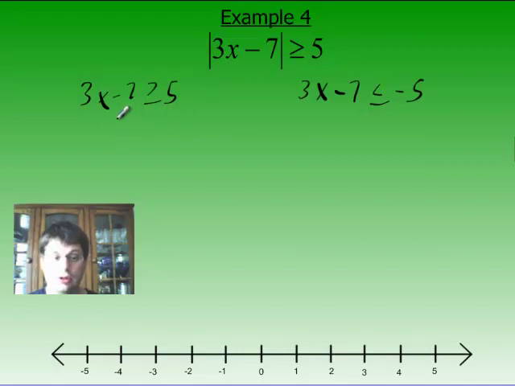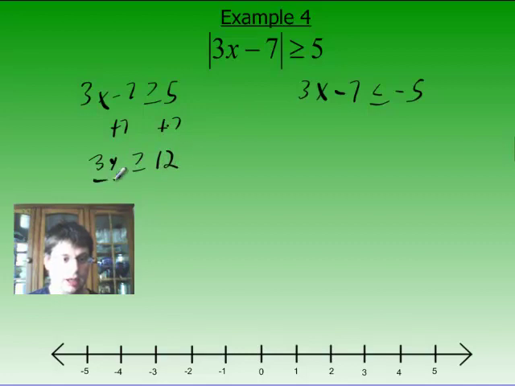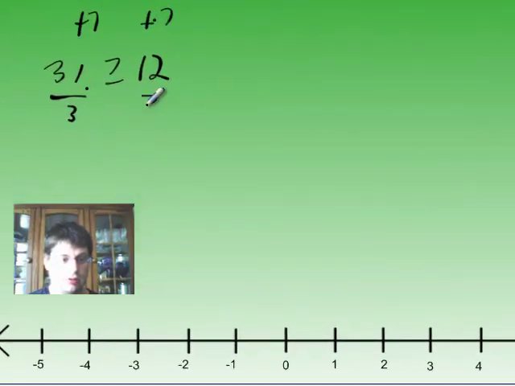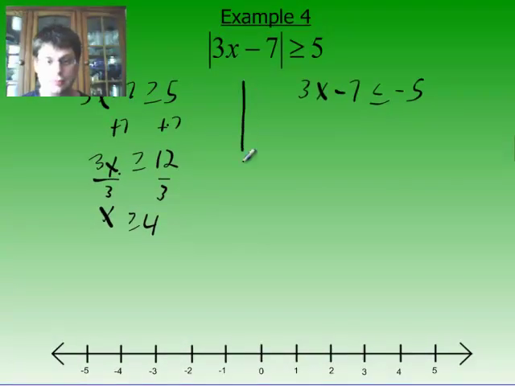Okay, so now let's go ahead and work the one on the left with the positive 5. 3x is greater than or equal to 12. And divide by 3. And x is greater than or equal to 4.